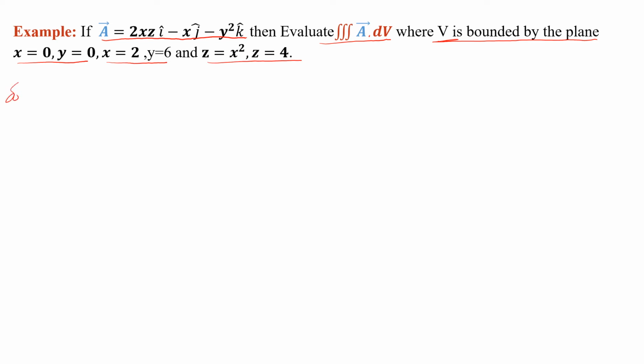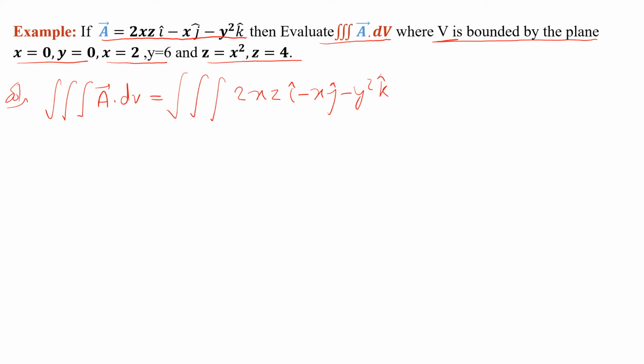So here simply we have to integrate the triple integral of vector A dV. We write the triple integral of the vector 2xz i − x j + y² k, and in place of dV we write dx dy dz.